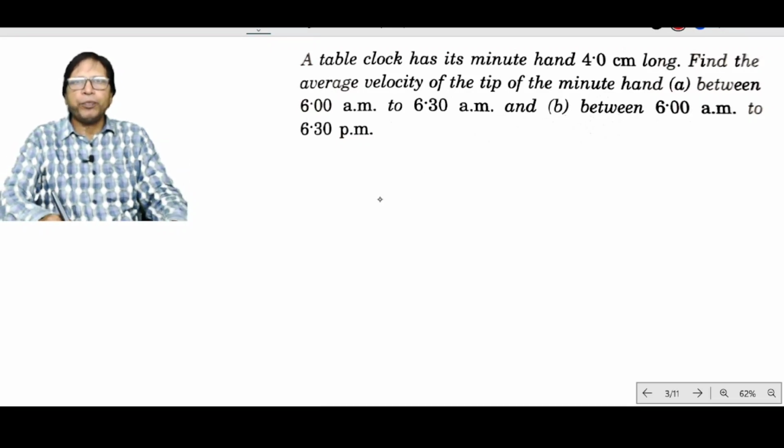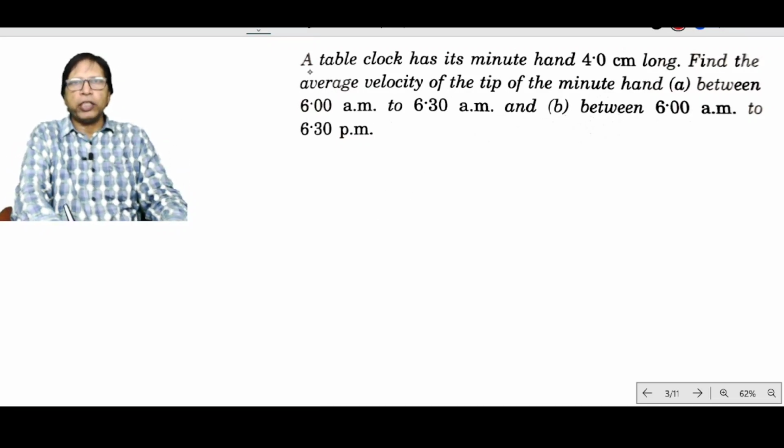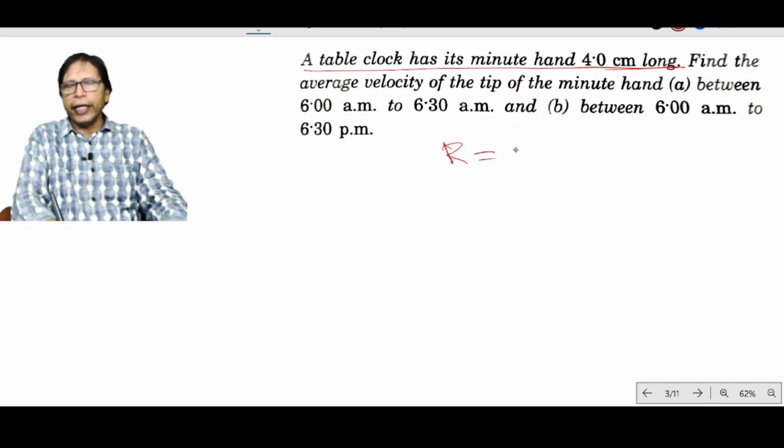Now an H.C. Verma numerical relating to velocity. A table clock has a minute hand 4 centimeter long. So look at this, radius of minute hand, radius is 4 centimeter. Find the average velocity of the tip of the minute hand between 6 am to 6:30 am.